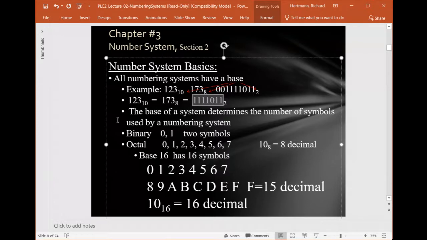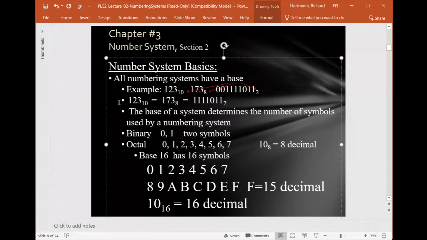What we like about the octal numbering system, I'll show you a little bit later, but I'll give you a hint now. Why we like this is I can take a binary number such as this one here, and I can write it as octal really, really easy.